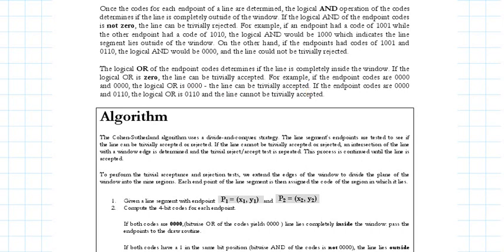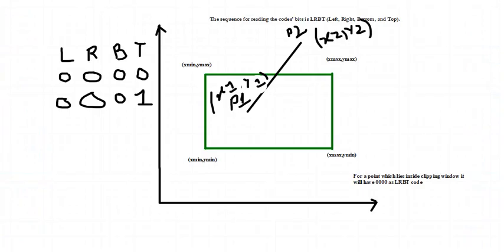Okay, just now let me look into this trivial acceptance case. Say P2 and P3 is a line which is totally inside the clipping window. Now, how can you say that this line is totally inside the clipping window?